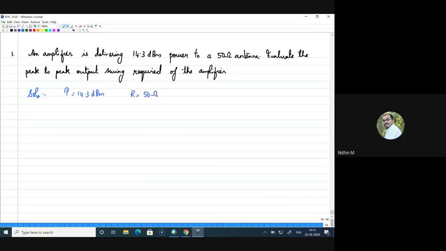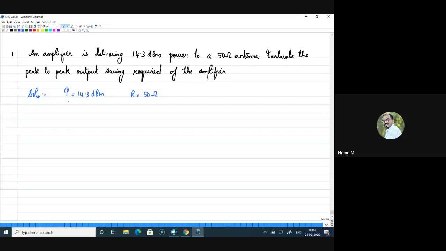Resistance to the antenna is 50 ohms. You are asked to find the output swing of the amplifier. Yes, 3.28. Yes, the answer is correct, 3.28. So I hope you know how to do this.